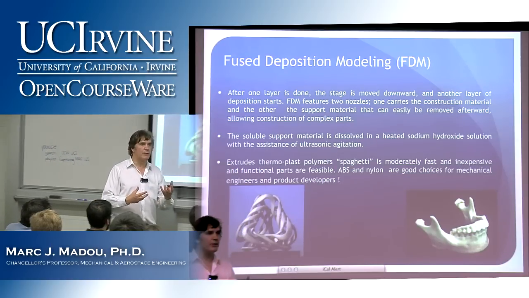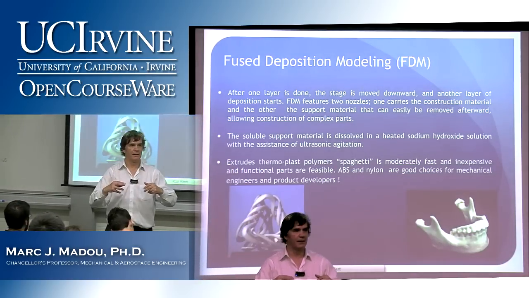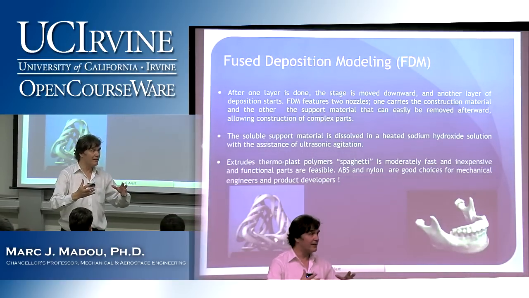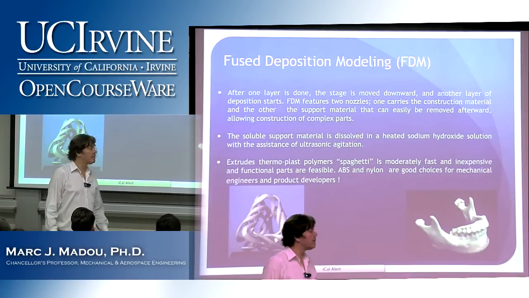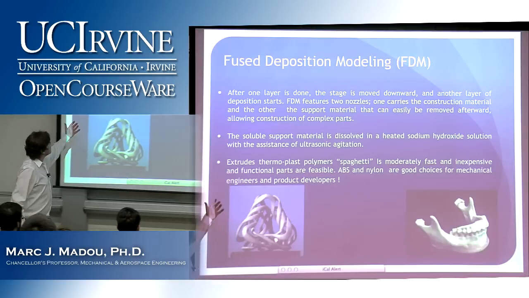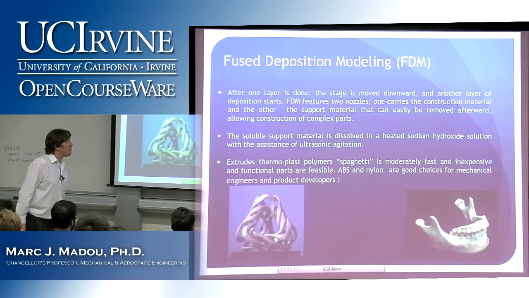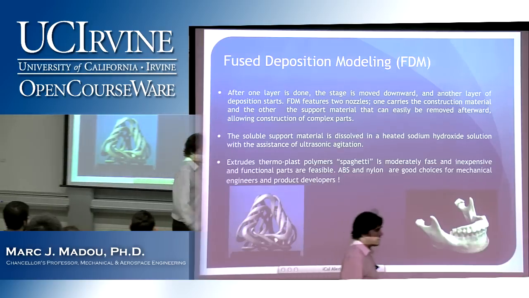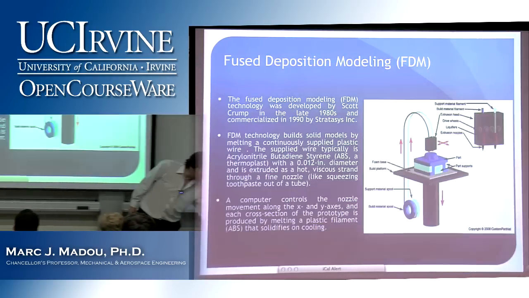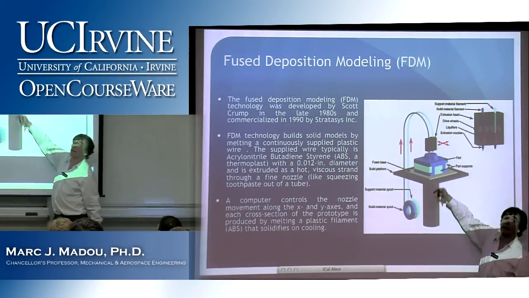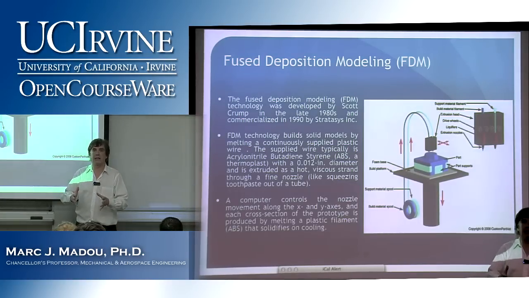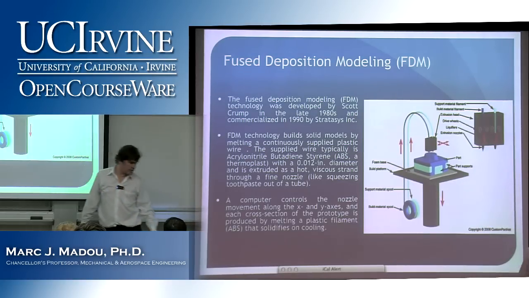Actually, we'll see in a moment, you can make parts that are moving immediately, with teeth that can make movement without assembling anything. So the soluble support material is dissolved in a heated sodium hydroxide solution, and you do some ultrasonic agitation, and so that white stuff here you get out by putting the whole thing in potassium hydroxide, shaking it a bit, and then this dissolves out.